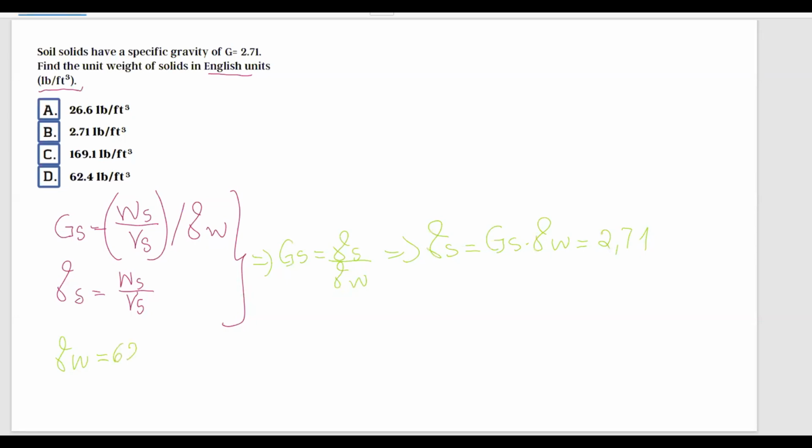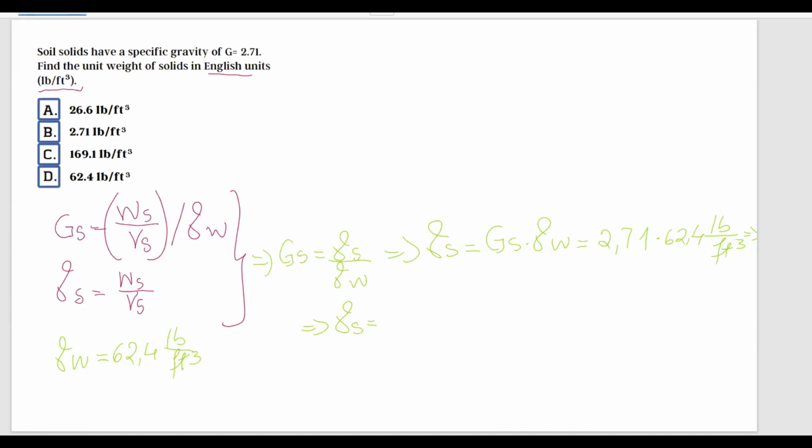Gamma water is 62.4 pounds over cubic feet multiplied by 2.71. Results. We've got unit weight of solids is equal to, let's see, 2.71, 62.4 multiplied.